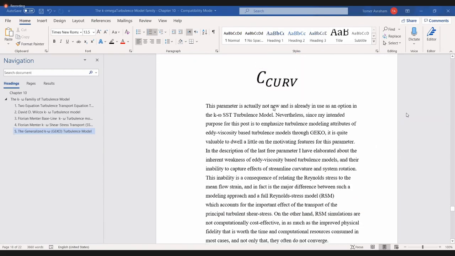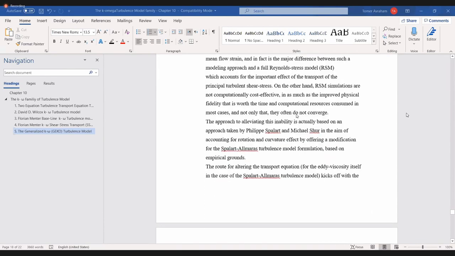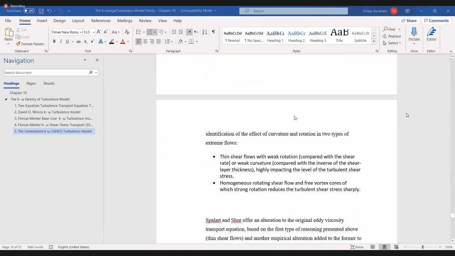C-curve, that's the Spalart-Allmaras. That's the exact one. When they built the Spalart-Allmaras model, they tailored it to be exactly for open flow wings.